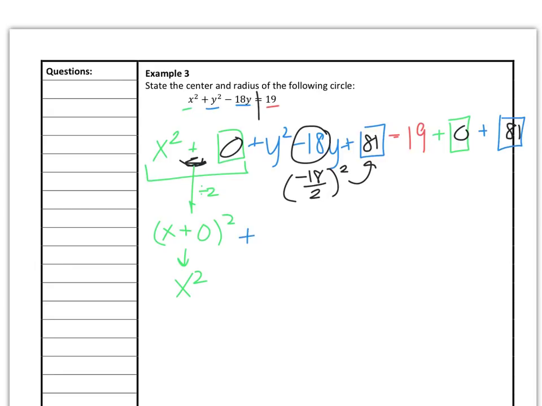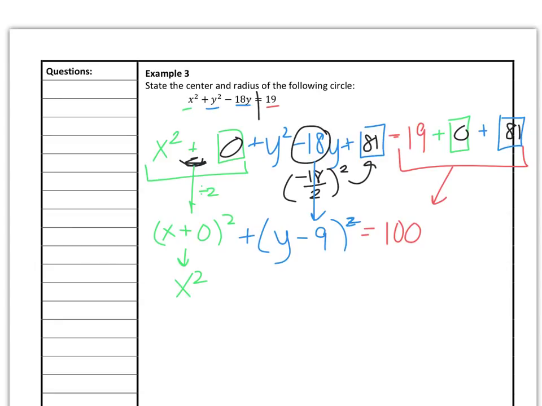Then I have plus parentheses squared. This part should be your easy one. Y. Cut it in half. And then you've already got your squared on there. Equals this typed into your calculator. 81 and 19 give you 100.